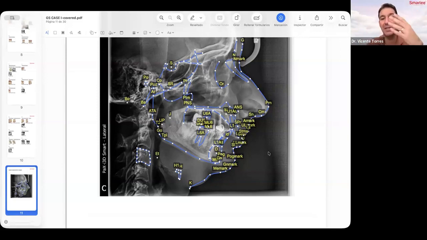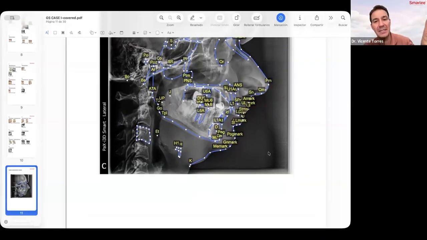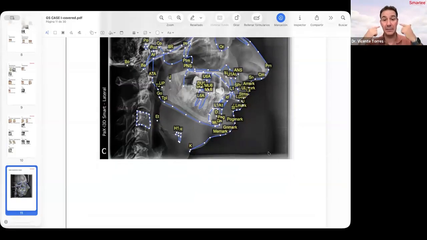So the ideal in this case, if you upload it to the Smartee clinical team and medical team, then normally they are going to write you, dear doctor, in that case we recommend you extract the lower wisdom teeth, use a mini screw, the buccal shelf, distalize the lower arch, so increase the class 2 malocclusion in order to retroincline the incisors and create more overjet, to make this mandibular forward, to improve the profile.